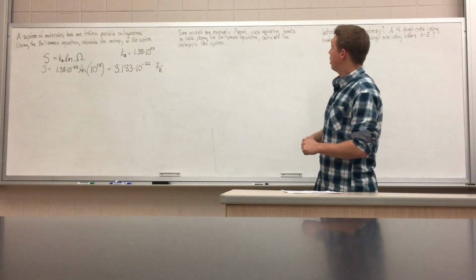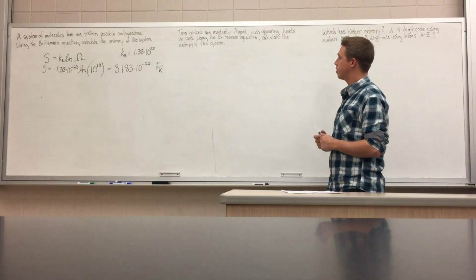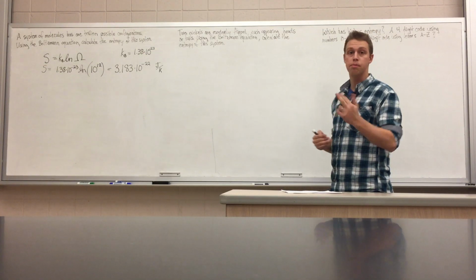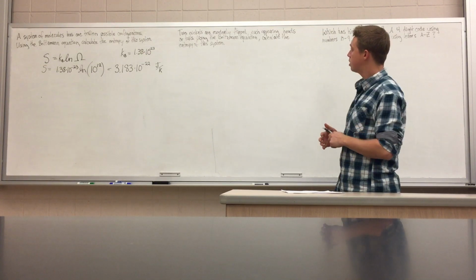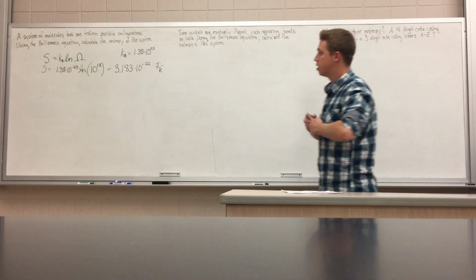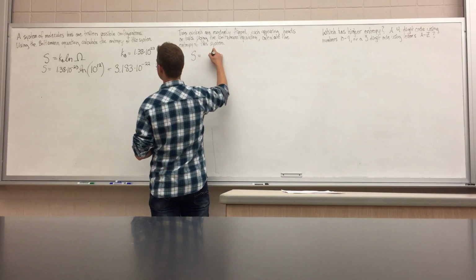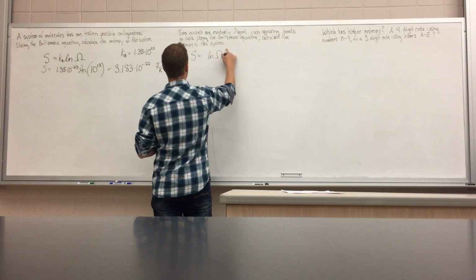Okay, next question. 2 nickels are randomly flipped, each appearing heads or tails, so it's a binary choice. Using the Boltzmann equation, calculate the entropy of this system. So I'm going to again write the Boltzmann equation, S equals ln omega.